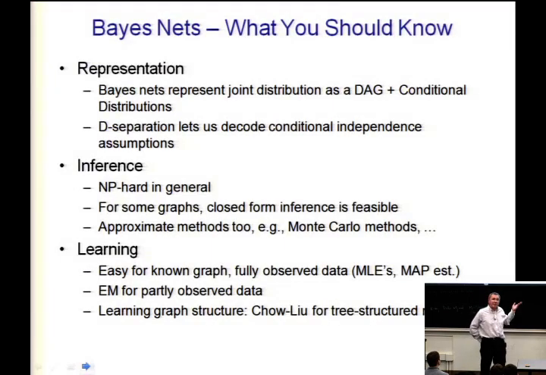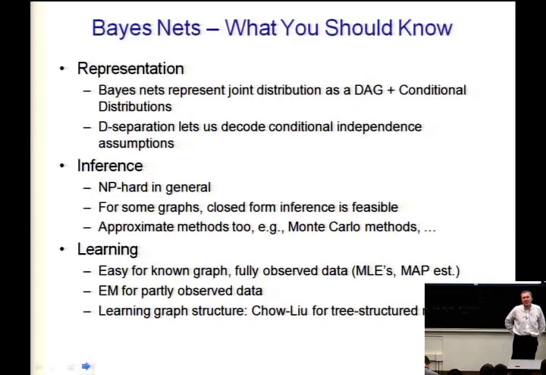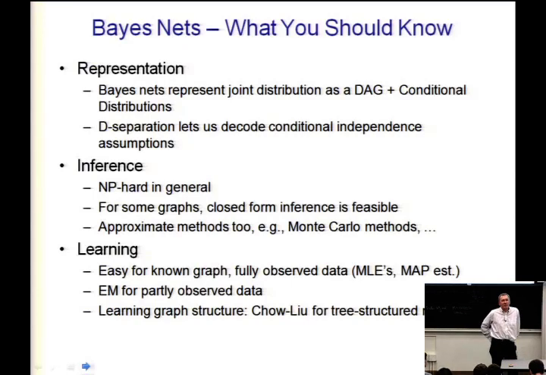And then for learning, you should know instantly how to train Bayes nets if I give you the graph structure and all the variables are fully observed in the training data. That's trivial. That's just going back to our old maximum likelihood estimates. If a node is discrete valued, then I just estimate the multinomial parameters.